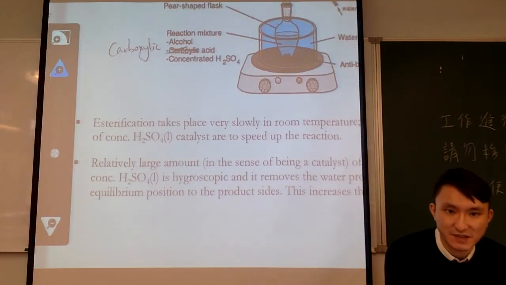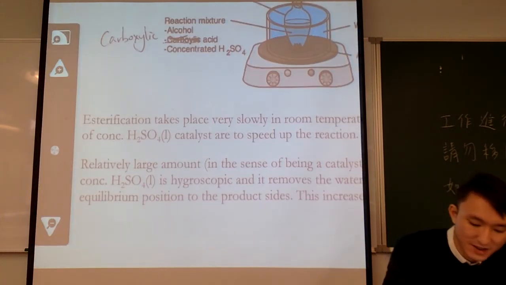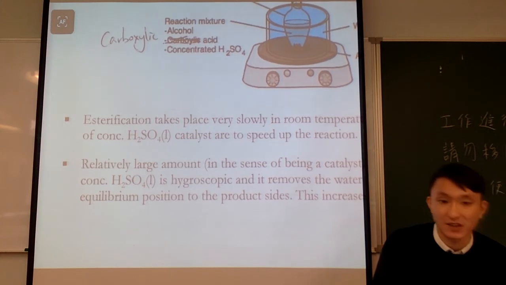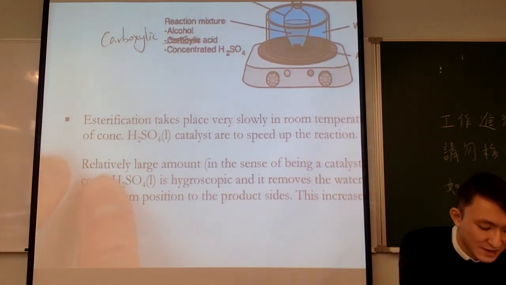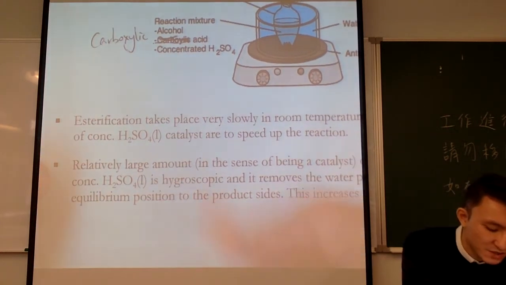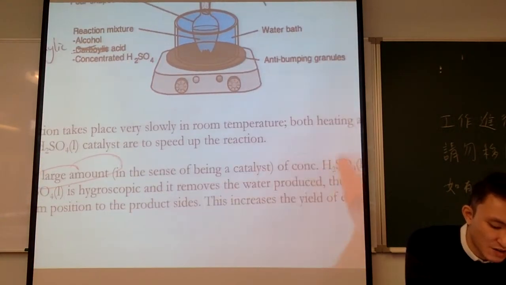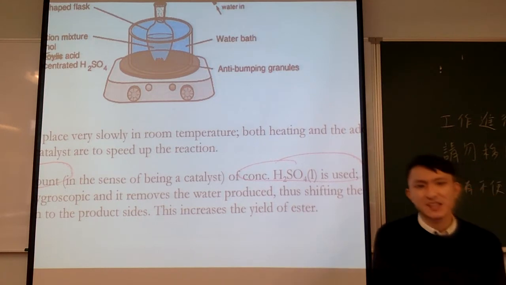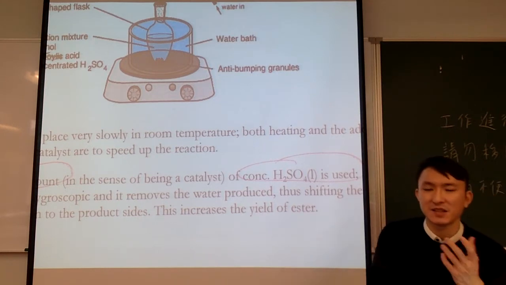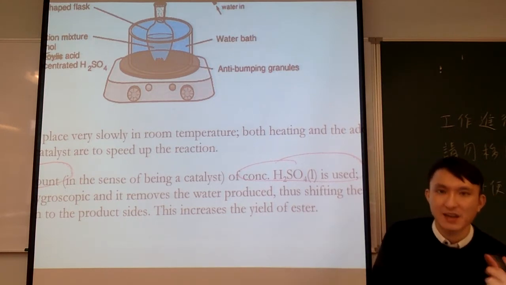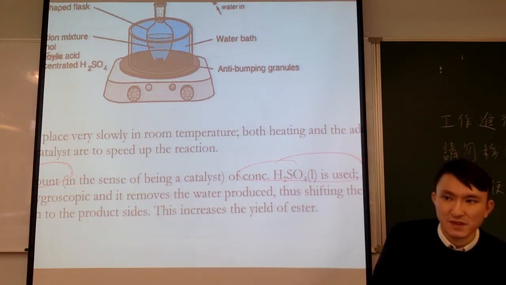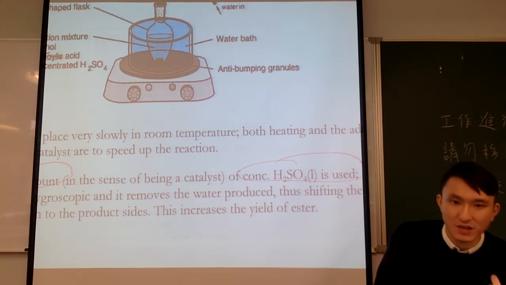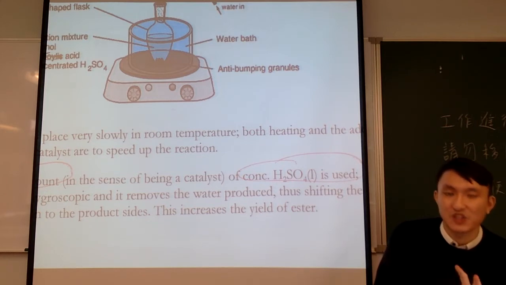And here, this is something interesting. Probably you haven't learned that yet. We say that a relatively large amount of sulfuric acid is used. Now, a catalyst is something that can speed up a reaction, but it will not be consumed. So, in other words, we don't have to add a lot. We just add a small amount, and that would be sufficient.